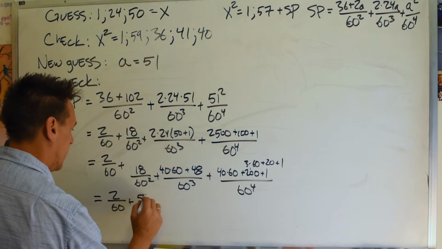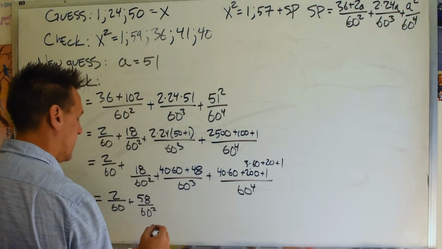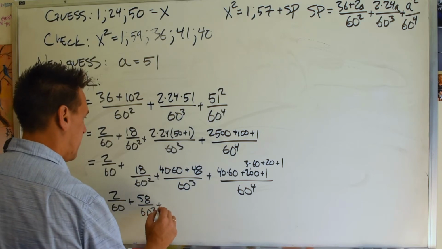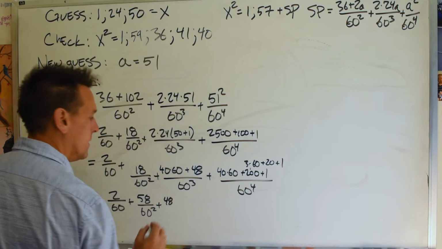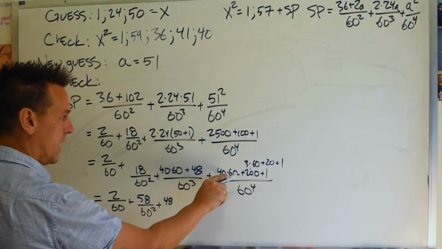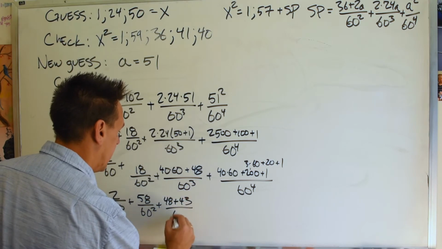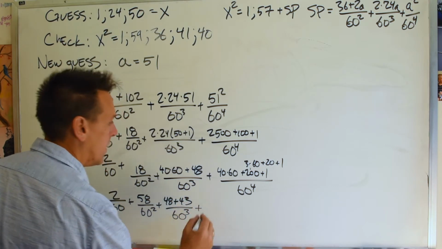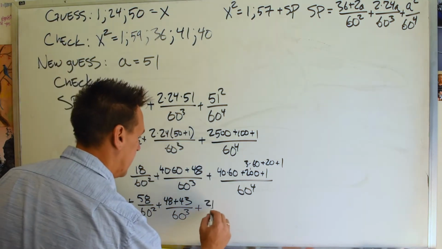All right, and so altogether I'm going to get 2 over 60 plus 58 over 60 squared. And then I'm left with 48, but I'm going to add 43 to it, and then 21 left over.